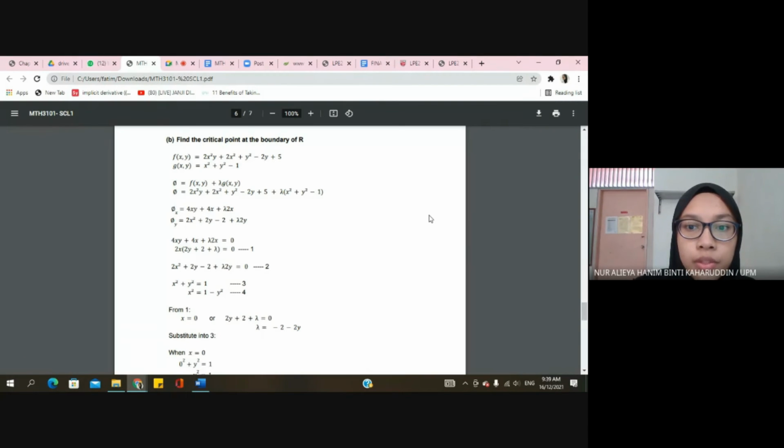Next, we differentiate the equation with respect to x and y. For phi_x, we got 4xy + 4x + λ2x. And for phi_y, we got 2x² + 2y - 2 + λ2y.